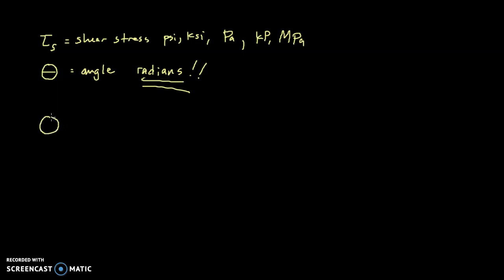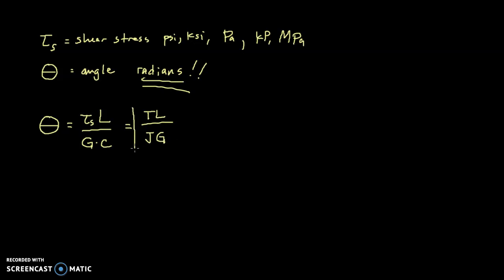So there are a couple different ways we can represent the formula for angle of twist. Theta is equal to the shear stress times the length over G, which is the modulus of rigidity, times C. We talked about C in the last video. It's the distance from the centroid to the outer edge. So for a circle, C is simply equal to the radius. Or perhaps a more useful arrangement of this formula is TL over JG.